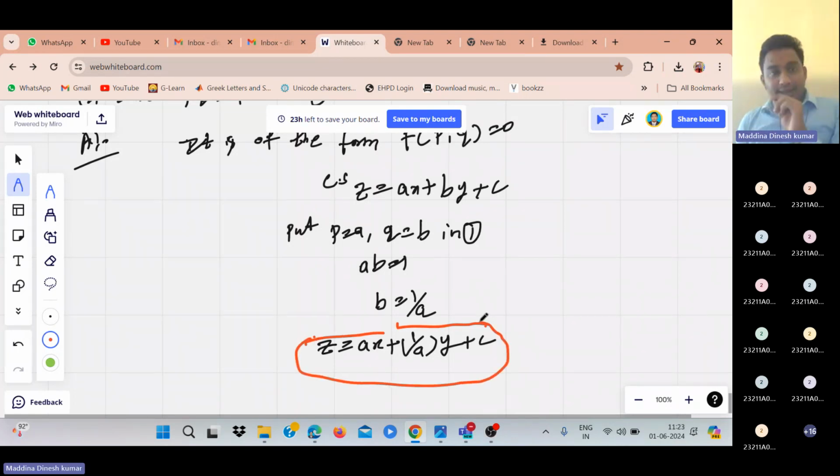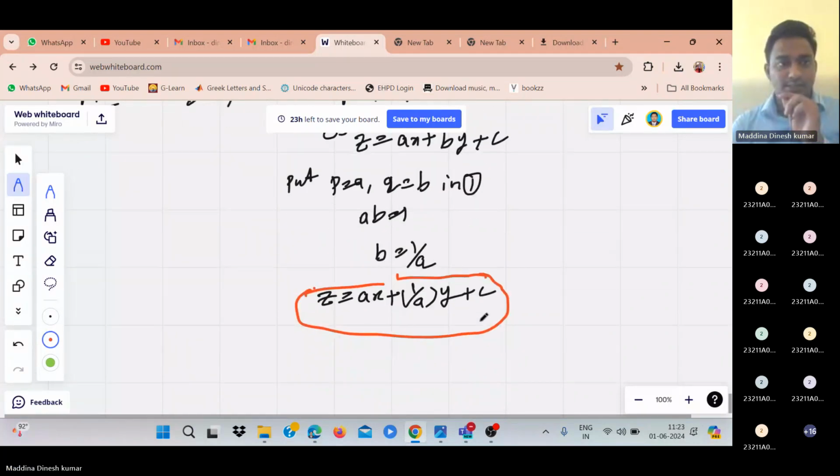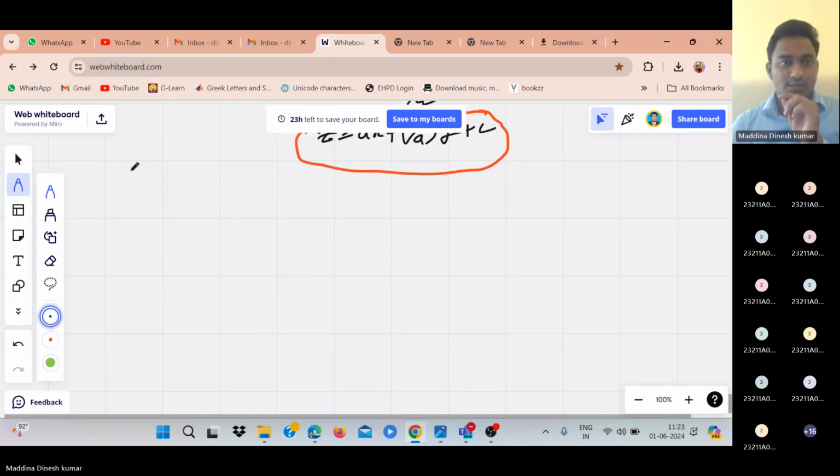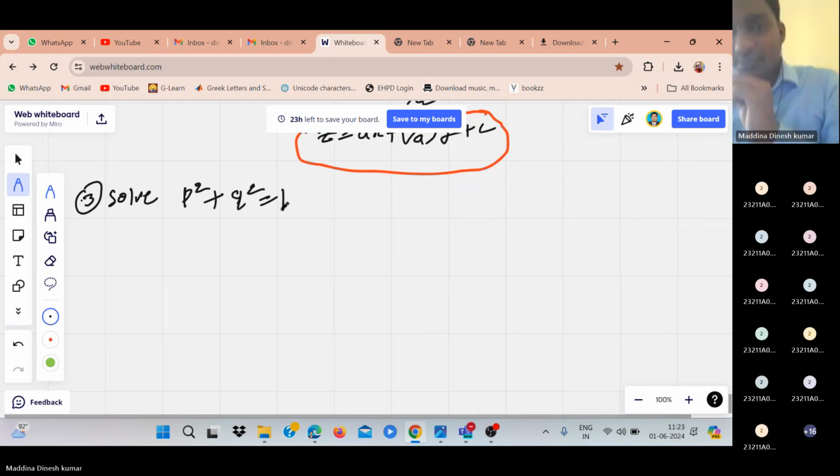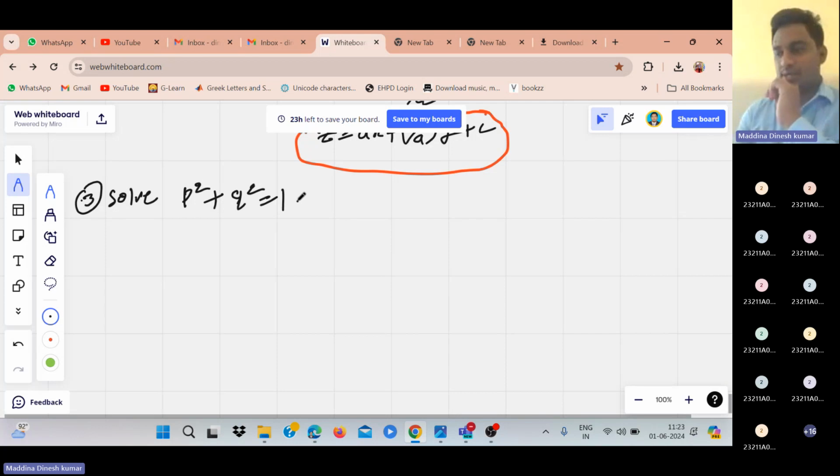Next, one more problem. Third one. Solve p square plus q square equal to 1. Consider it as equation number 1.